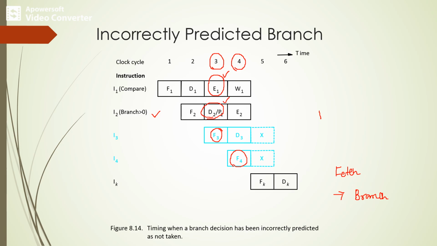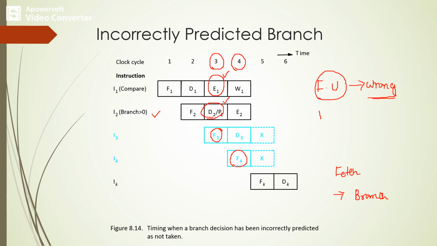At this point, the instruction fetch unit realizes that the prediction was incorrect. The actual prediction made by the instruction fetch unit was wrong. It wrongly predicted that the branch will not be taken and it has already fetched instructions I3 and I4.